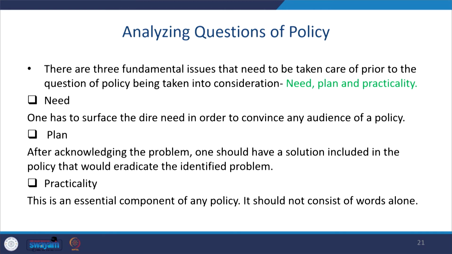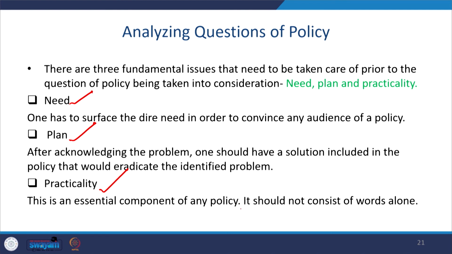When we are talking about certain policies, one needs to be aware of certain factors: need, plan, practicality. You must create in them a sort of need, and once they acknowledge the problem, you should provide them the solution included in that policy, and then you should ensure that it is not only based on principles, but also agrees to practicality.